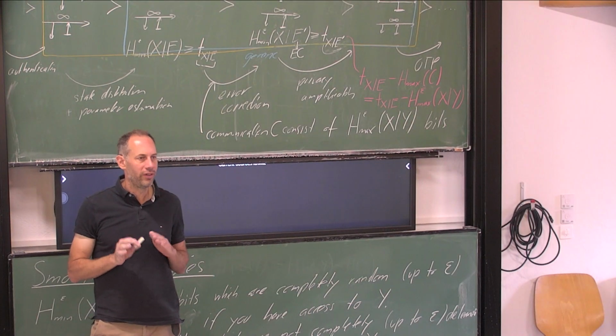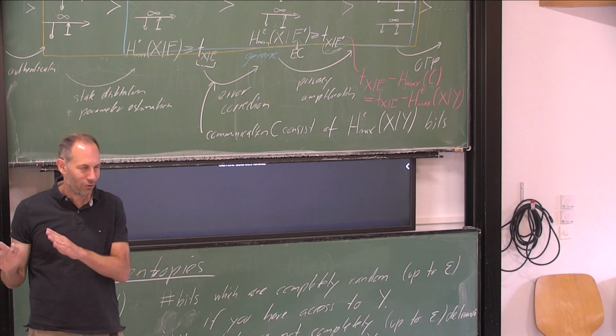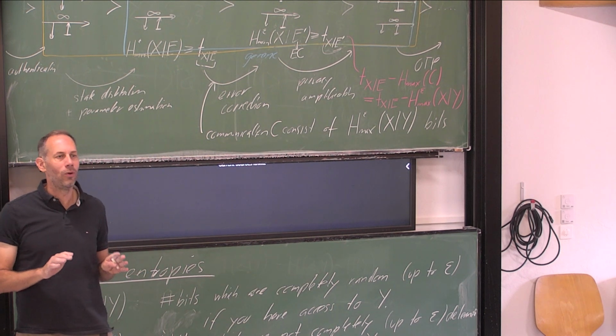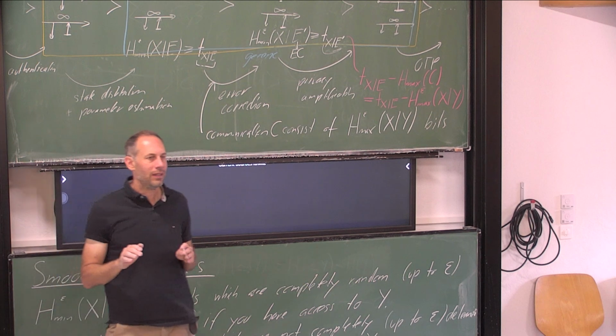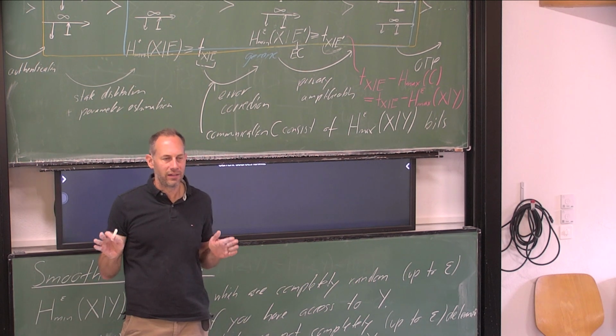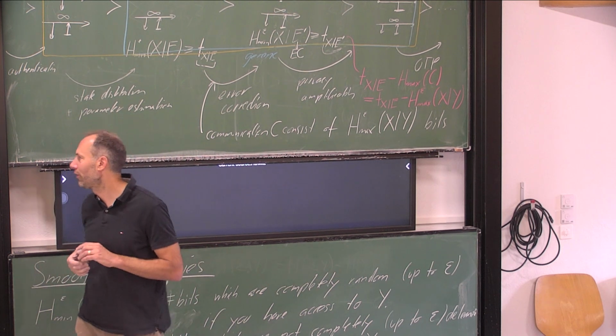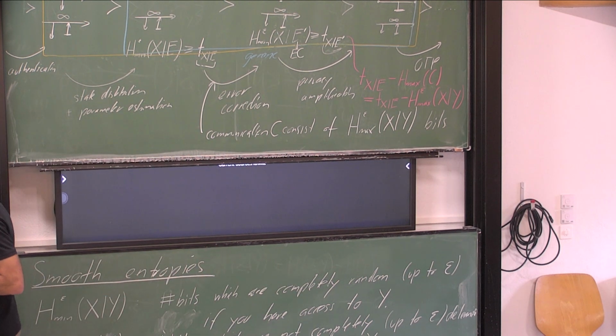One is called the entropy accumulation theorem, and I will just have to focus on one method, so I will not talk about that, although it's one that is now looking very promising in the sense of giving very good finite size rates. And it's based on the idea that you just generalize this asymptotic equipartition.